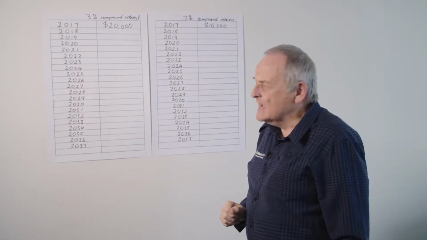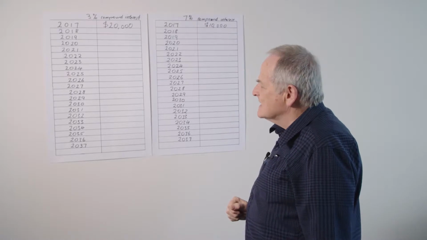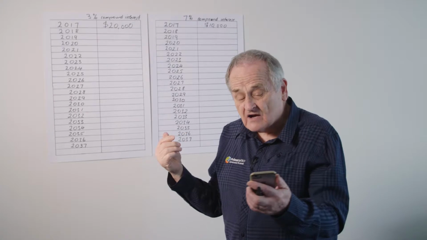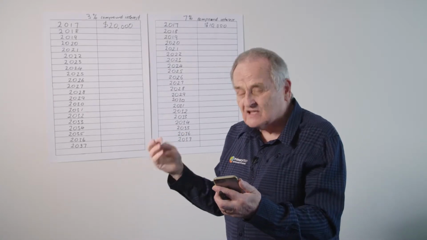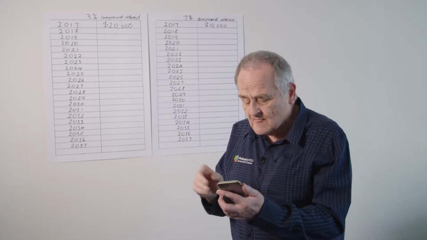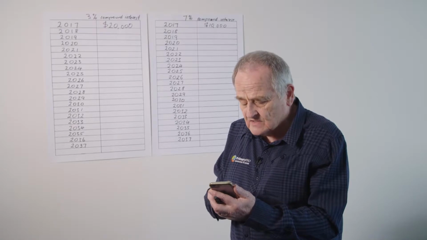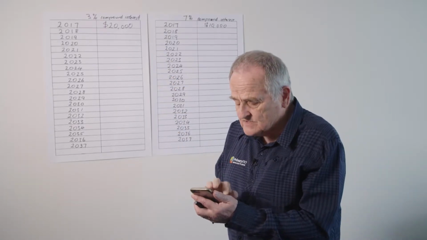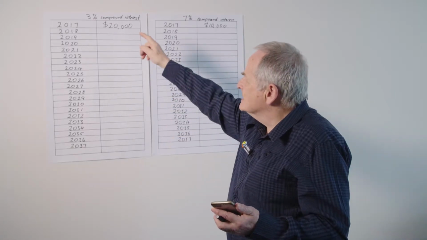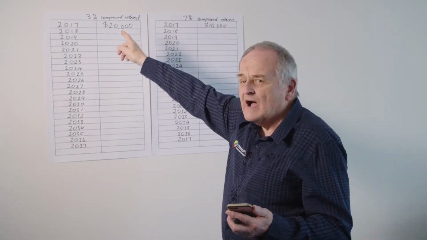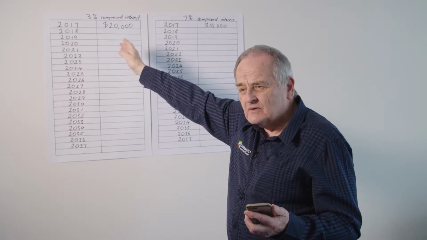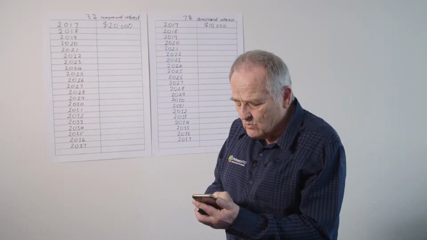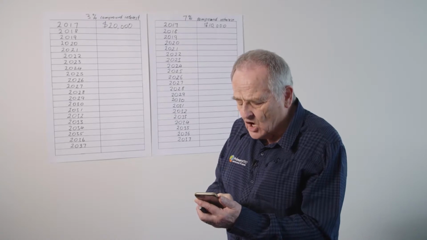So how do we calculate interest? It's pretty straightforward. Most of you will have phones, and you have a calculator function on your phones. You put in the $20,000 amount, and to increase that by 3%, which is what you're doing here, you just multiply by 1.03.